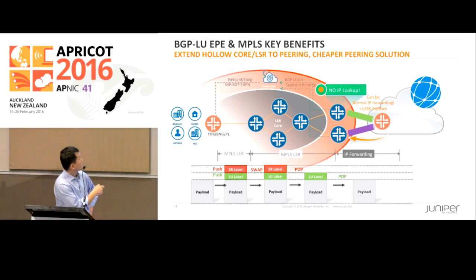If you really think about the IP lookup, remember that some Broadcom chipsets can handle 128K prefixes. That's good enough for most use cases, because most service providers own no more than 128,000 prefixes. So with very simple boxes and a simple solution, you get network-wide optimization, and the benefit is quite big.